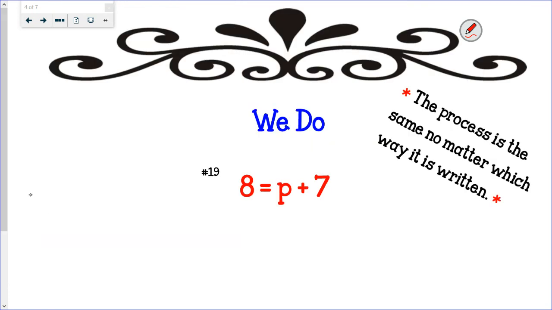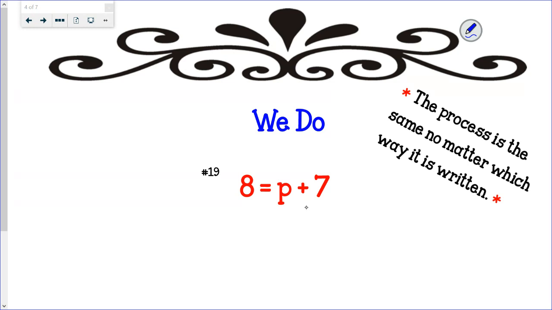Okay, the next one, this is 19 on your worksheet. Now this one's written different. The constant's in the front. 8 equals p plus 7. Remember, the process is the same no matter which way the problem's written. So we want to isolate the variable. So we have to move the plus 7 away from it. To do that, we use the inverse operation.